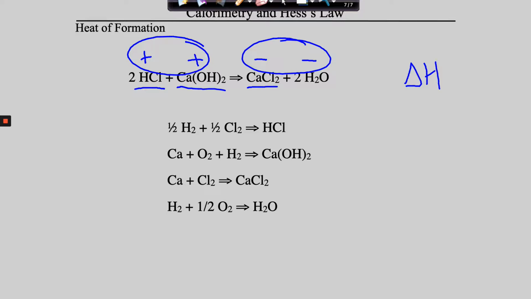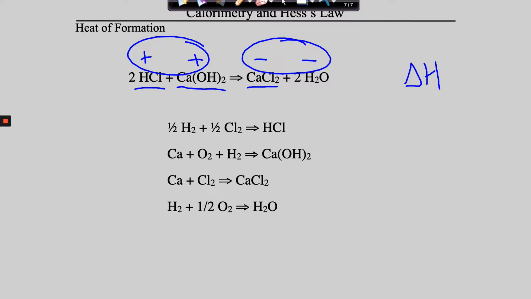Right? Now, guys, look at the products. Look at the reactants. What are all of the reactants? They are all elements. So, guys, what you see in front of you are the synthesis reactions that represent the formation of these four compounds from their component elements.